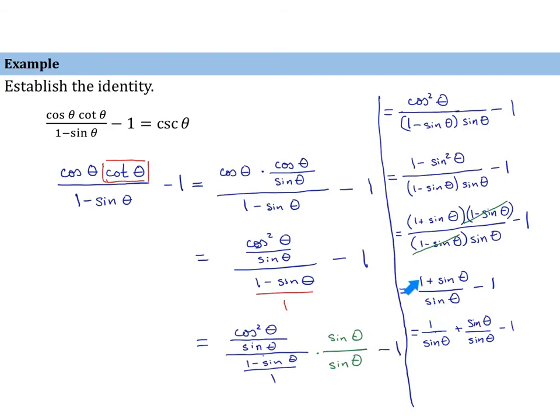You can only split up a numerator, not a denominator. So because I have two terms in the numerator, I can go ahead and split that up. So now, 1 over sine of theta is cosecant of theta. Sine of theta over sine of theta is 1. Subtract 1, and that yields cosecant of theta as desired.